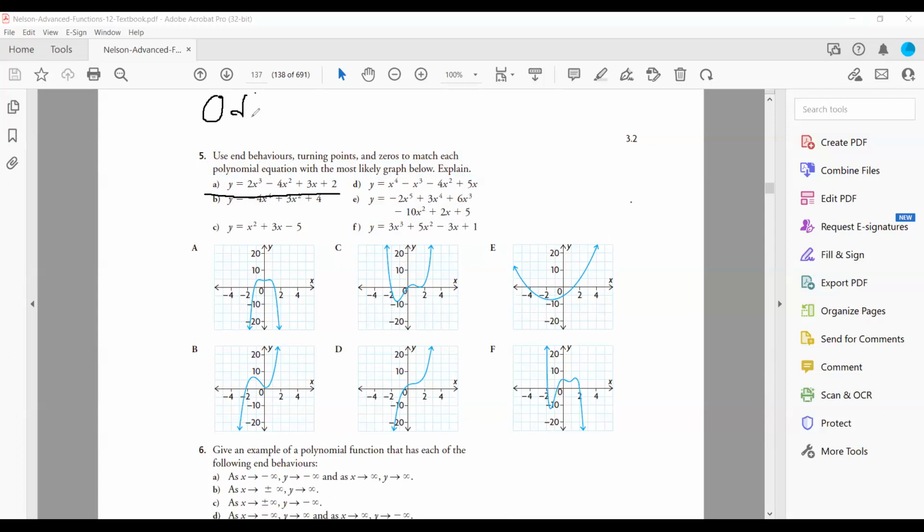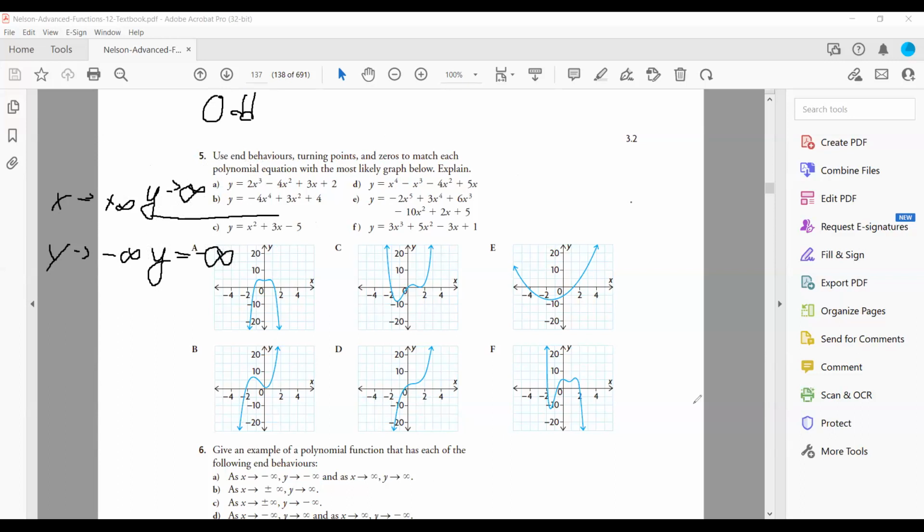It's odd. Plus leading coefficient is positive, plus 2. So the end behavior of this function: for x traveling to positive infinity, y travels to positive infinity, and for x negative, y travels to negative infinity. This is our end behavior.